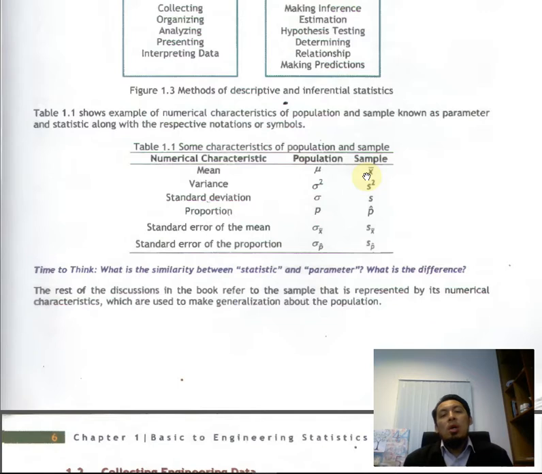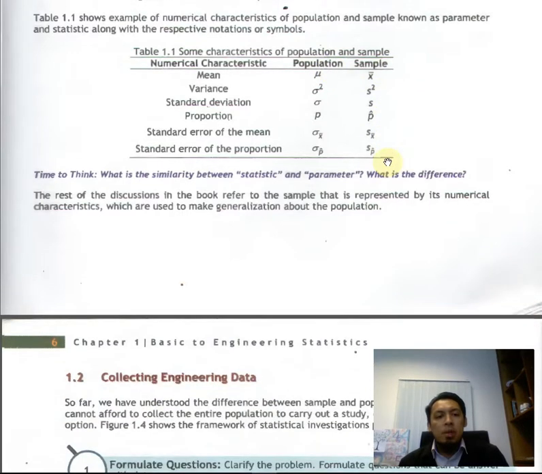So when it is written mu equals 50, we know that 50 is the average for population data. If it is written as X bar, we know it is a sample. Again, this is all known as parameter, and this is all known as statistic, because of the data used in calculating it. For population, parameter; for sample, statistic.